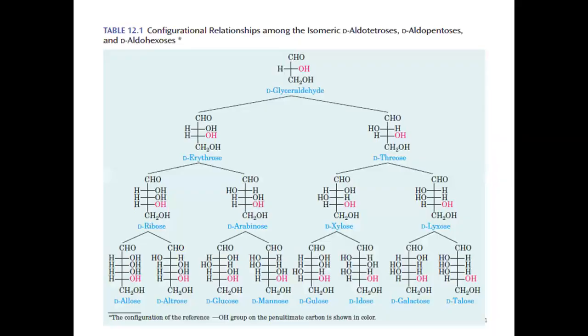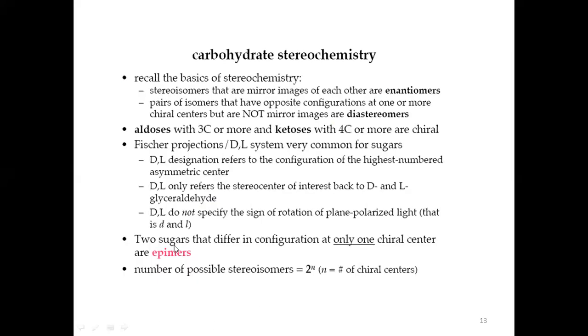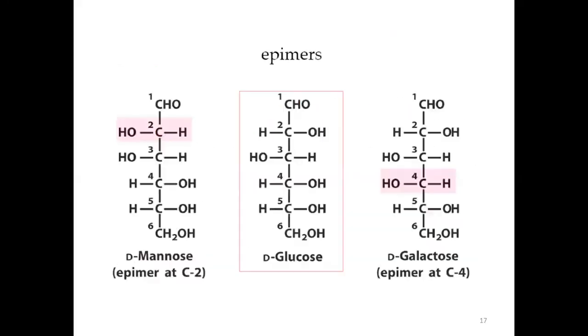We mentioned earlier that epimers are sugars that differ in configuration at only one chiral center. Here we see the structures of mannose, glucose, and galactose. Between mannose and glucose, you notice that there is one position where they differ, carbon 2, so they are considered epimers.